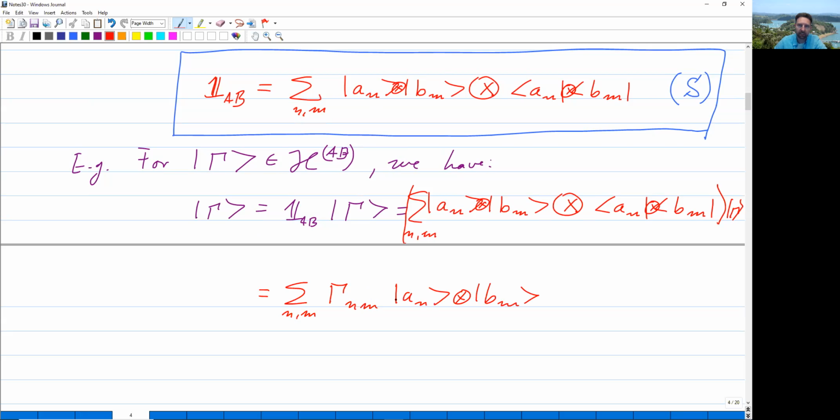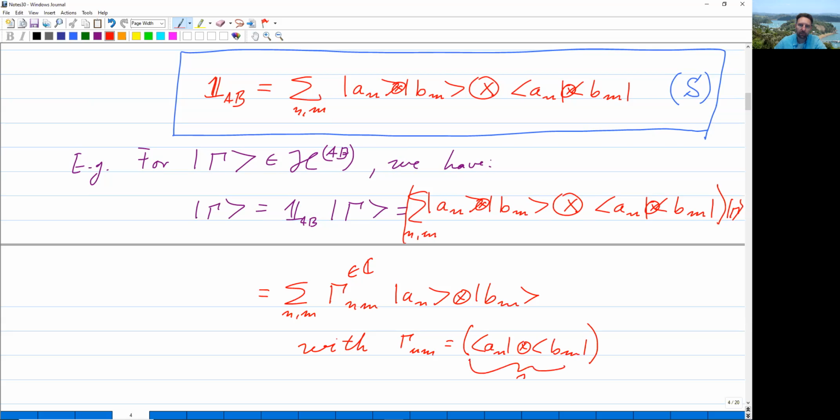writing these tensor symbols here, where these guys are just numbers, with the wave function being equal to a_n tensor b_m. This is a vector in the dual, right?